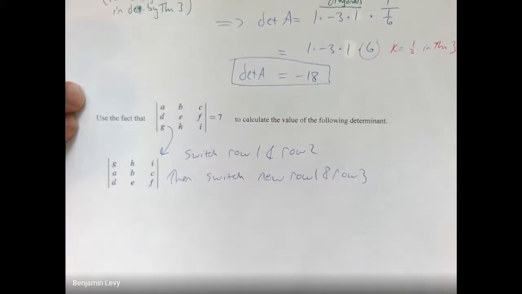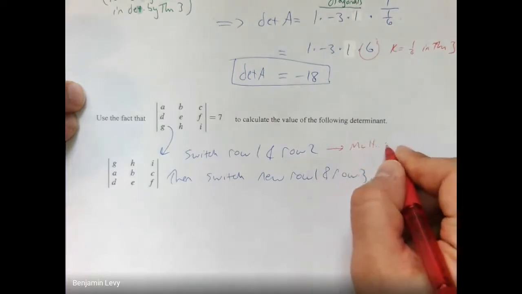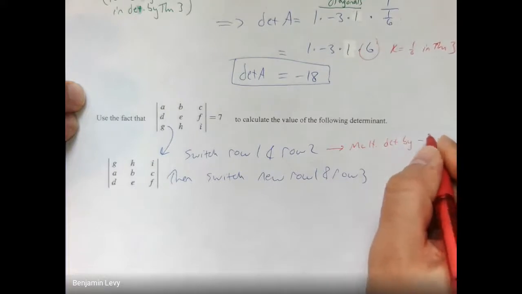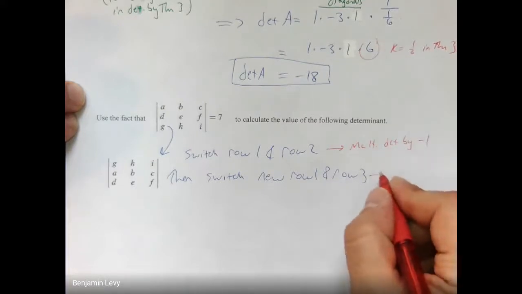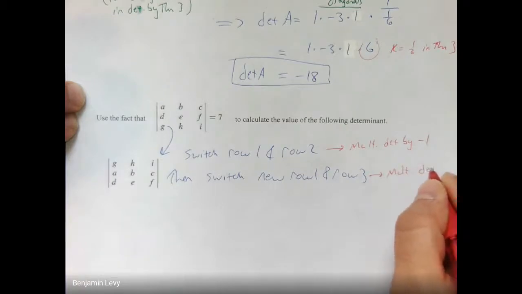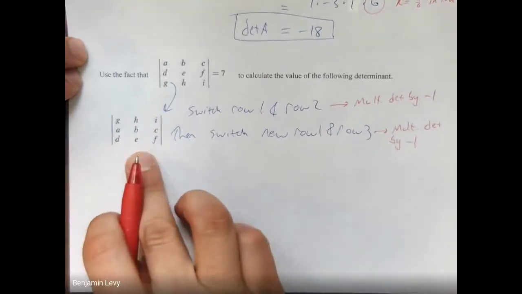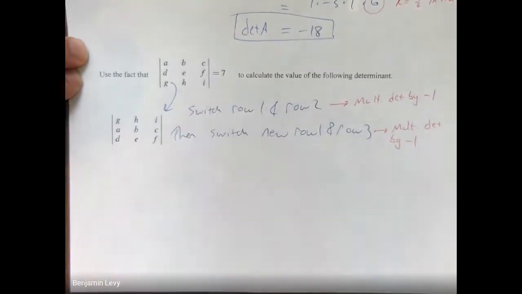And the theorem basically tells us that since we switch rows, we multiply by -1 twice. Right? This one tells us to multiply the determinant by -1 by theorem 3, and then we do it again here. Multiply the determinant by -1. And so the determinant of the new matrix is just -1 times -1 times the old one.